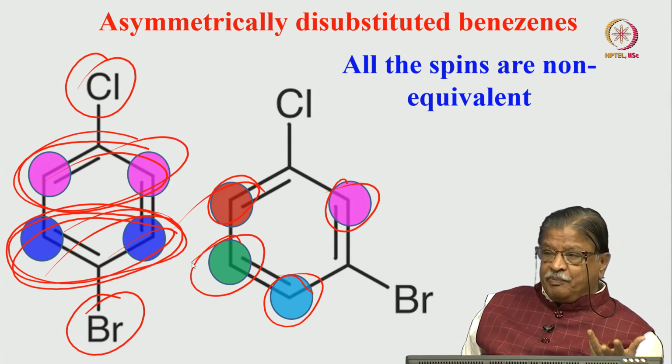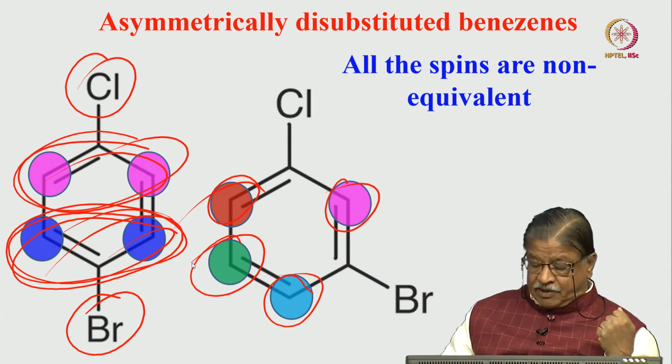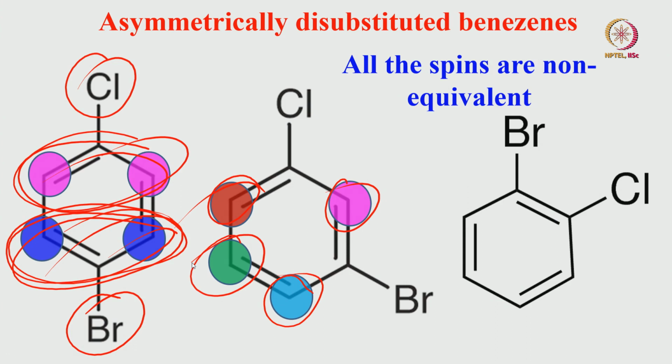So, we get four peaks for asymmetrically meta disubstituted benzene. What about asymmetrically ortho disubstituted benzene? Very simple here also, all the four are different, there is no symmetry. So, we get four peaks for this.